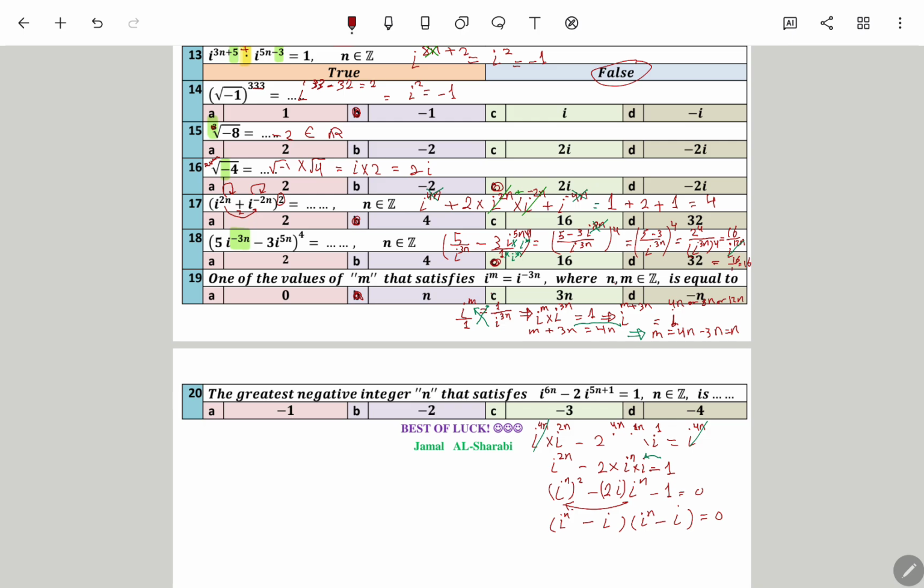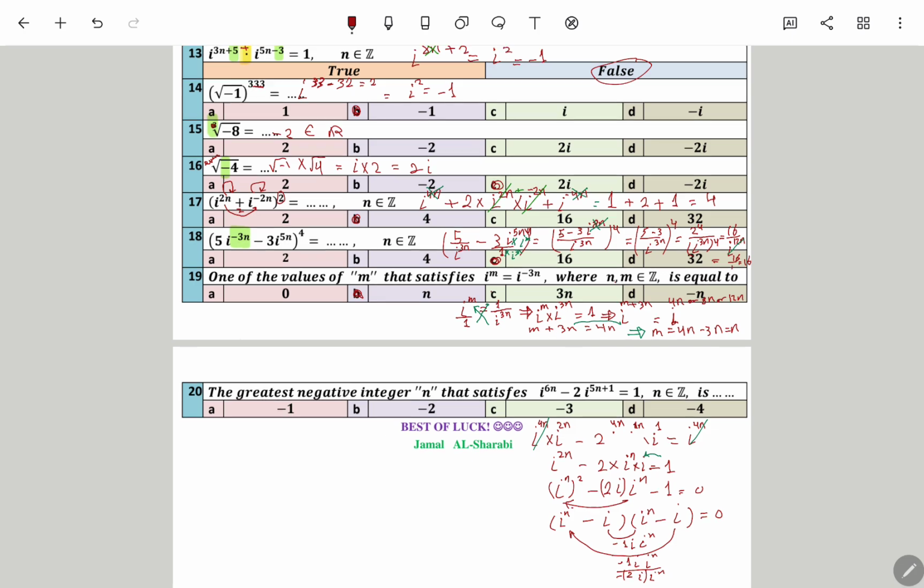To check your answer, you can think about it in this way. Multiply these together, you get negative i times i to the power of n. You can multiply these together to get negative i times i to the power of n. If you add them, you get negative 2i to the power of n, which is exactly similar to the middle.